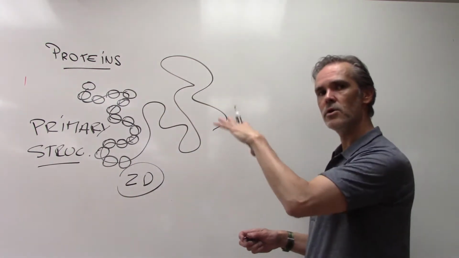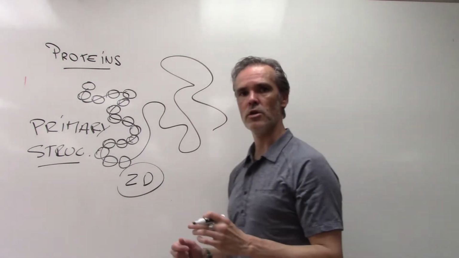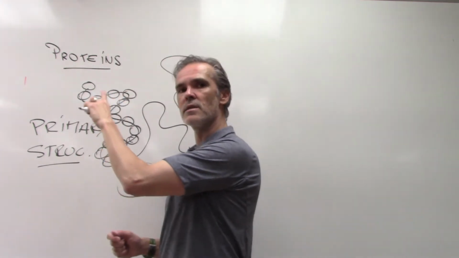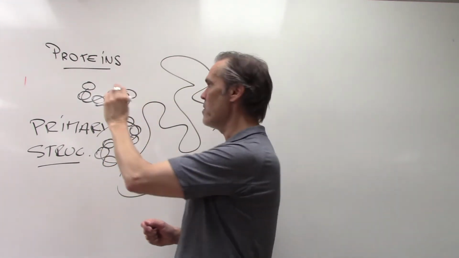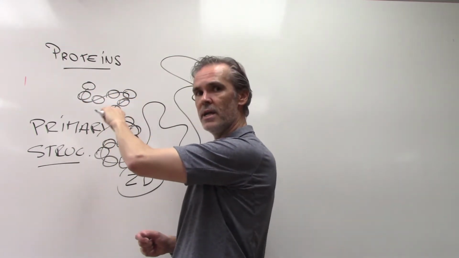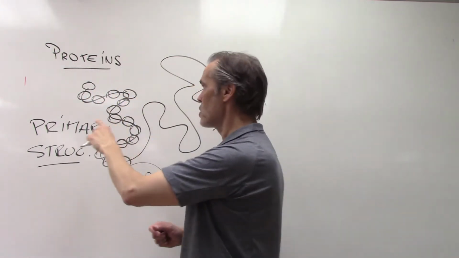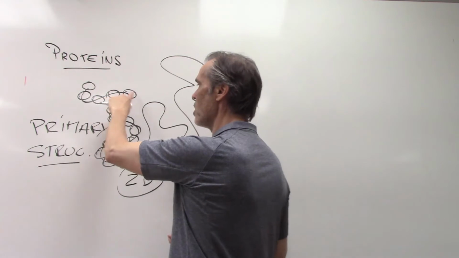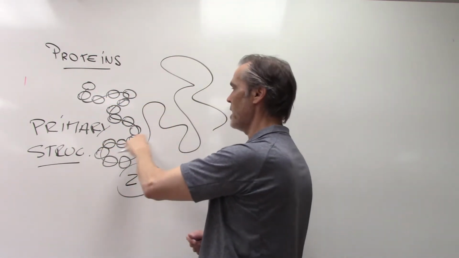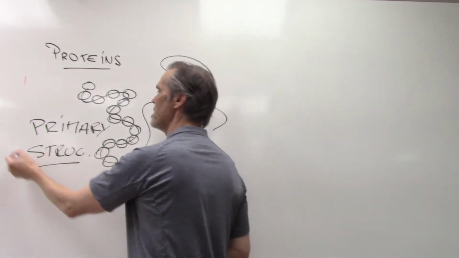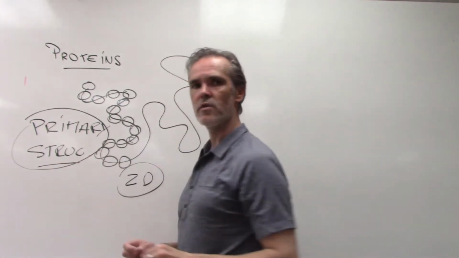That's a primary structure. So the primary structure is the links between the different amino acids, and the link is a peptide bond, right? So what we have here is a long peptide, and this here is known to be the primary structure.